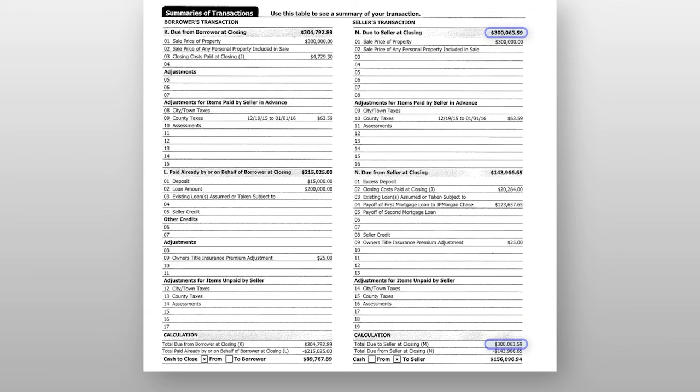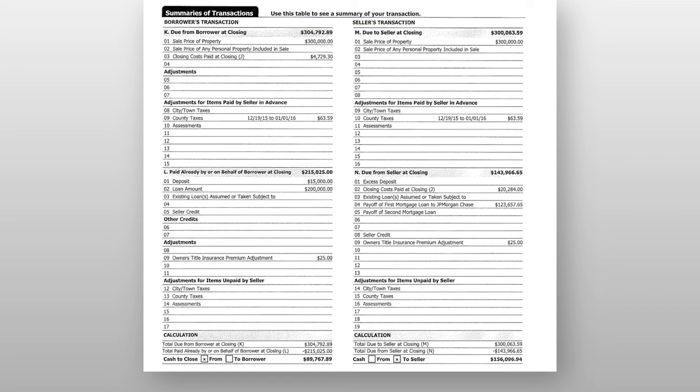But the amount that he's legally due to get, minus the deductions that they're legally going to take out, is what he's legally due to receive on the date of closing: a check for $156,096, or essentially the equity in the property.